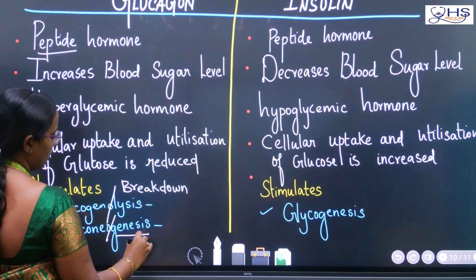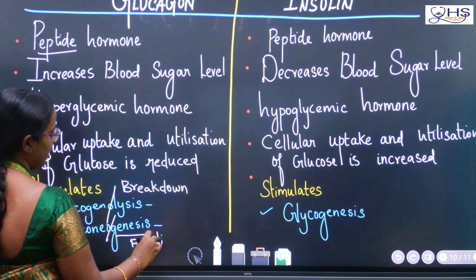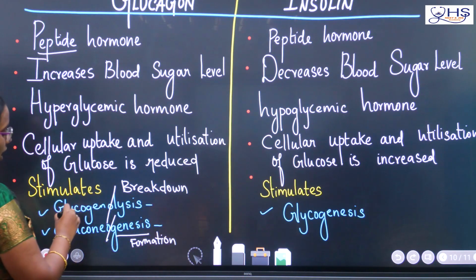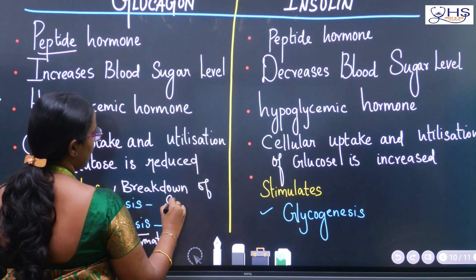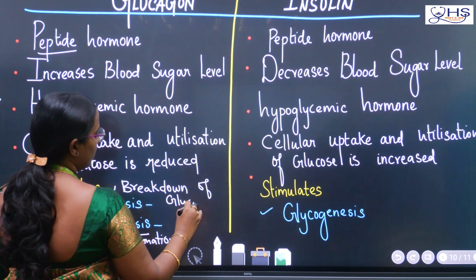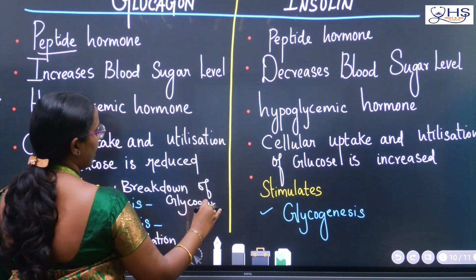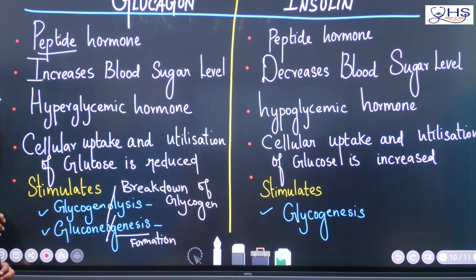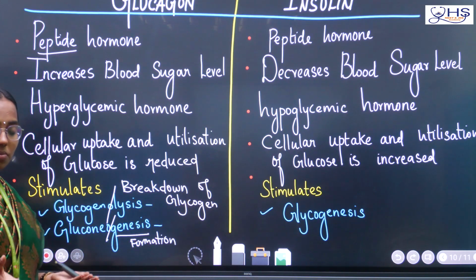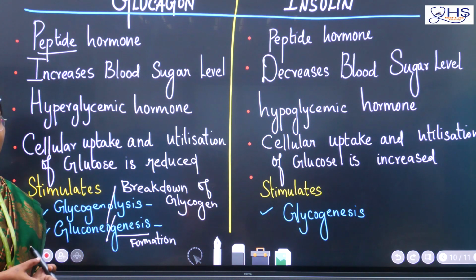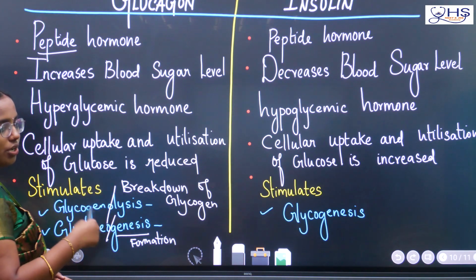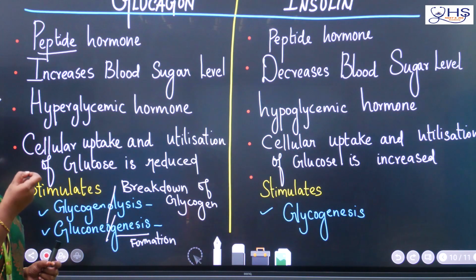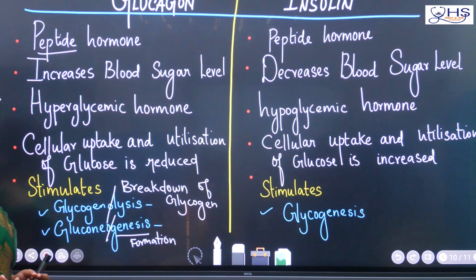Glycogenolysis is the breakdown of glycogen. When glycogen is broken into many parts, the glucose level will be increased in your blood. So, through the process of glycogenolysis, the breakdown of glycogen. What is glycogen?